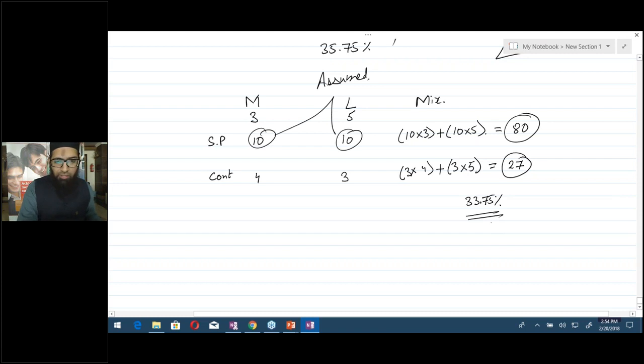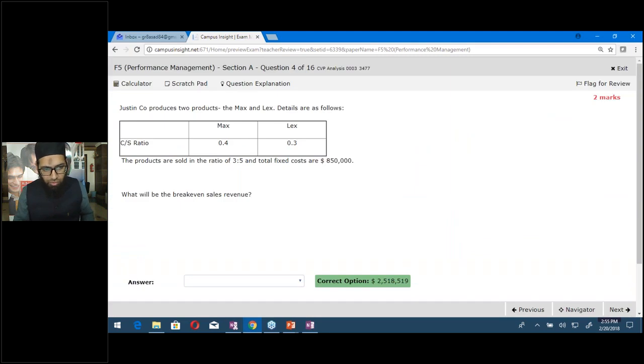Now if I divide the fixed cost, which is 850,000, by it, the break-even point will be 2,518,518.52.